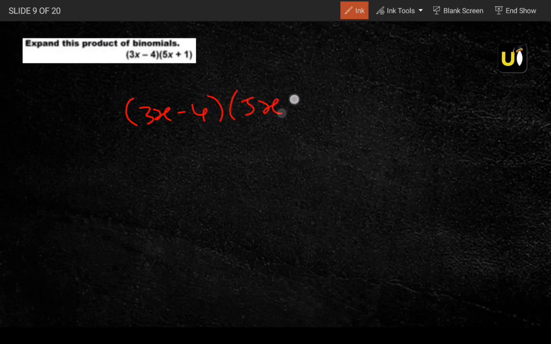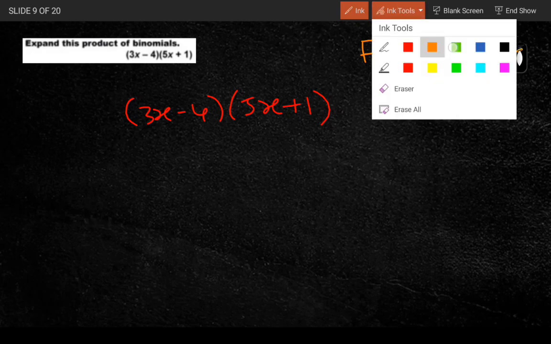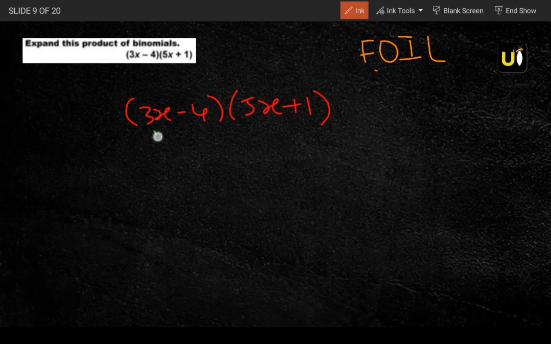Okay. Now by adding all this, we will get 15x square plus 3x minus 20x plus 4. Okay, that means 15x square minus 17x plus 4.